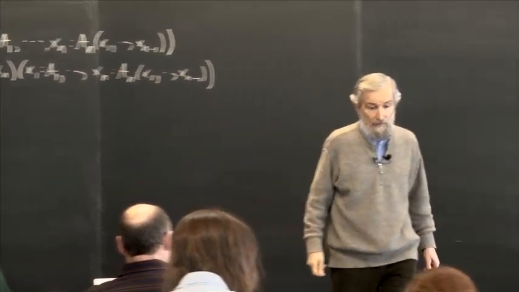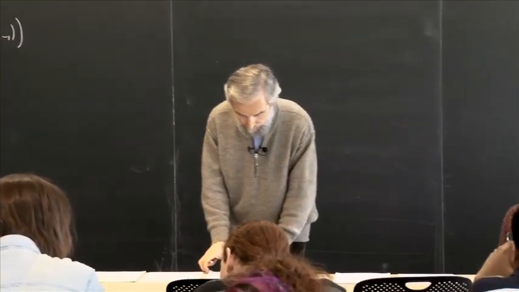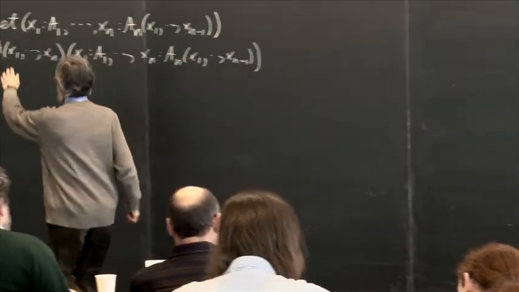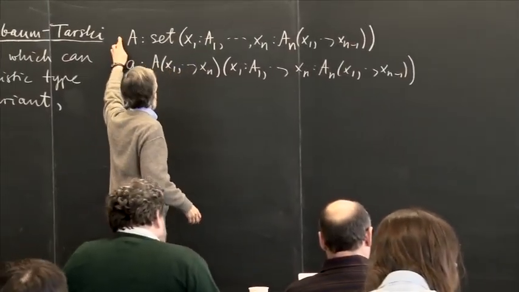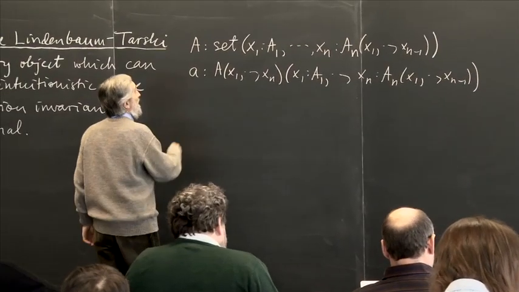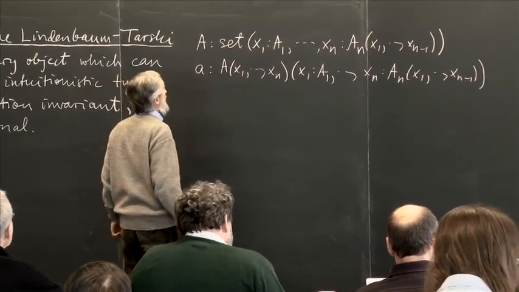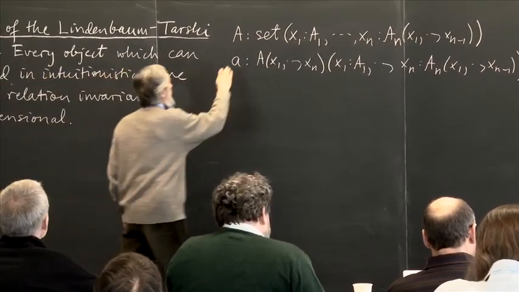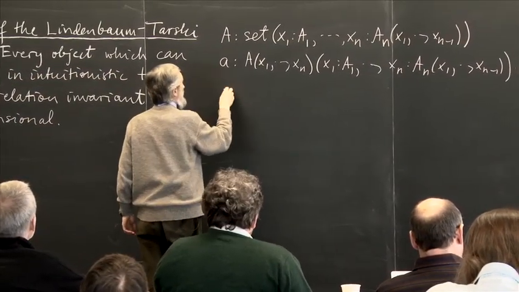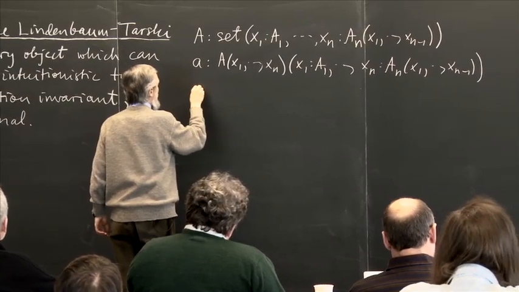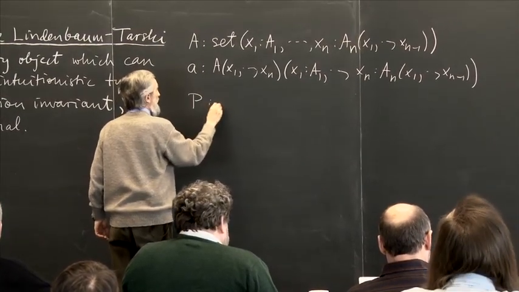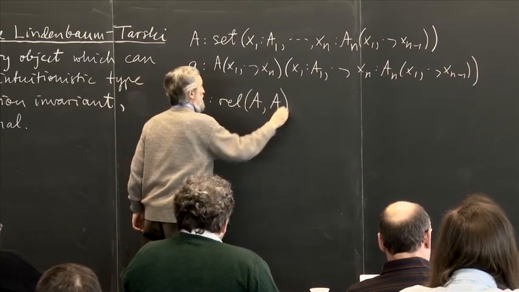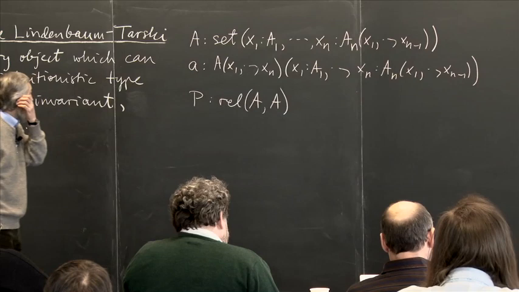Let me begin with the case n equals 0. So I deal with the first of these cases when n is equal to 0. Then to say that A is relation invariant is nothing more than to say that A has been equipped with a relation, P, say, a relation between A and itself.